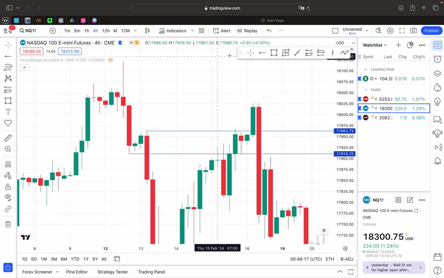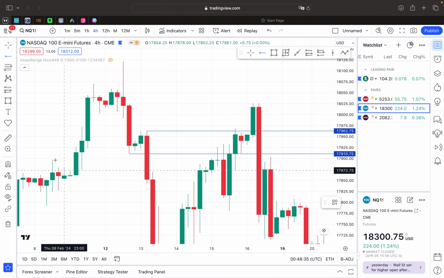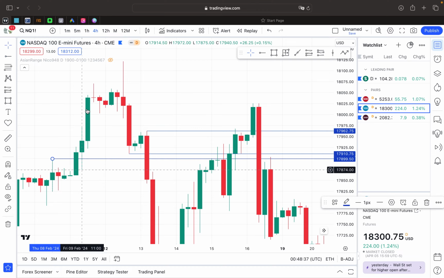Whenever price action breaks a high or a low, or creates a new low or a new high caused by a break of structure, like we have a break of structure here, green, red, we have moves to the upside, and then we created this high right here.